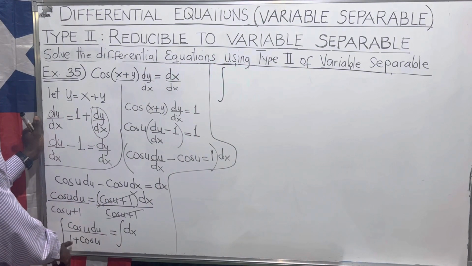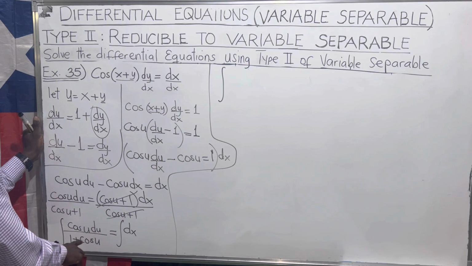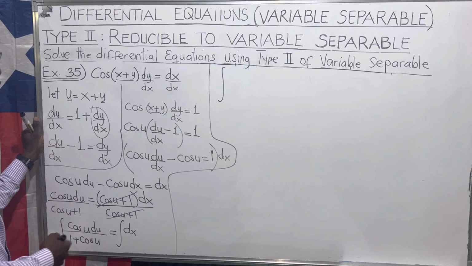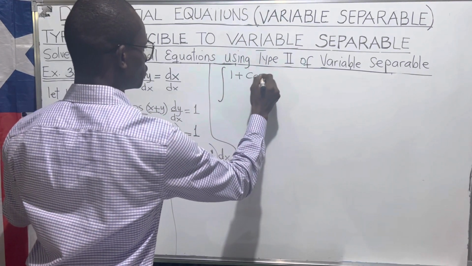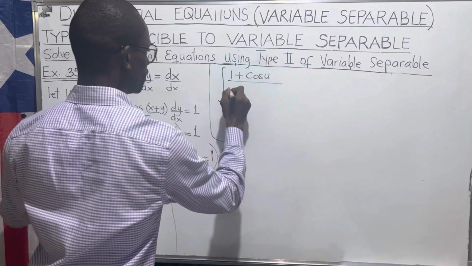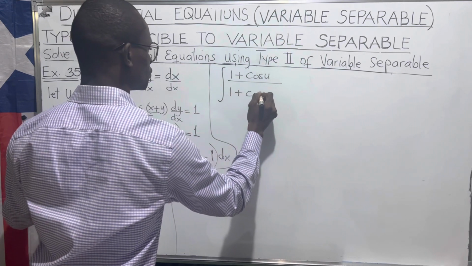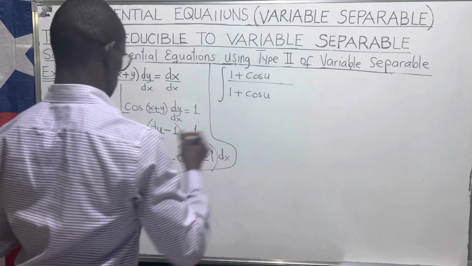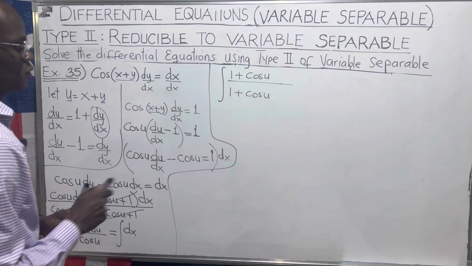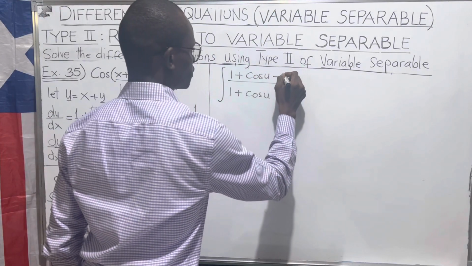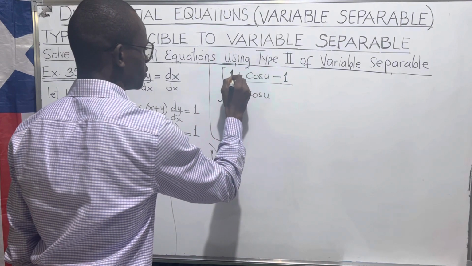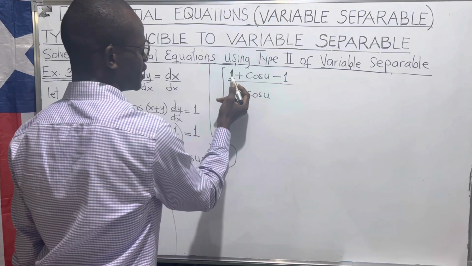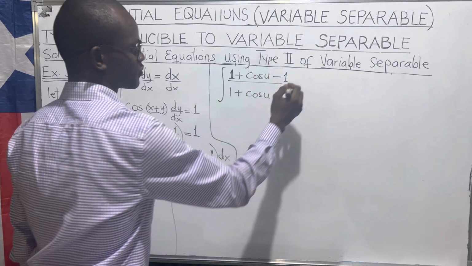Now down here is 1 plus cos of u, because it's the same thing in the denominator. Then we can just say minus 1, because we added 1, a new thing we added to the problem. So we can just add 1 and subtract 1.